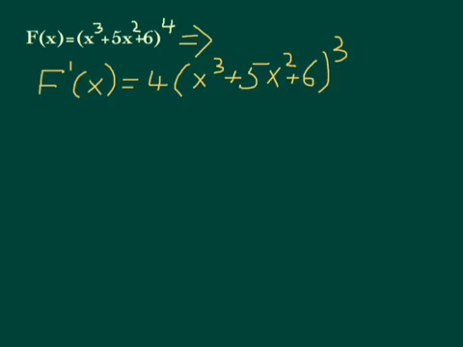So the derivative of x to the power of 4 is 4x to the power of 3. We've done exactly the same, we've just kept the other function inside. Now, we're not finished. We need to now multiply it by the internal derivative, and that will be 3x squared plus 10x.